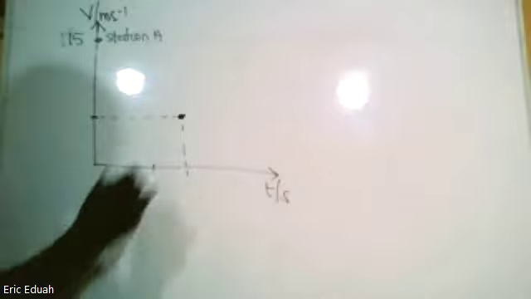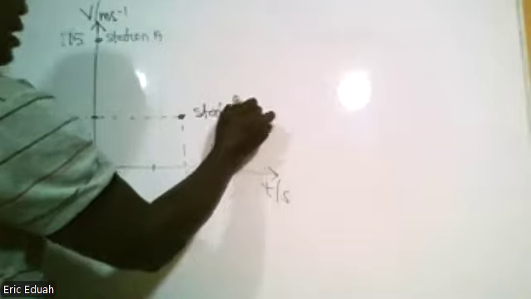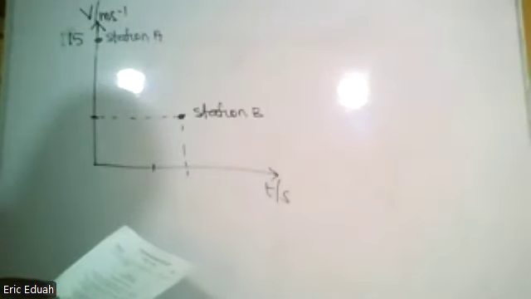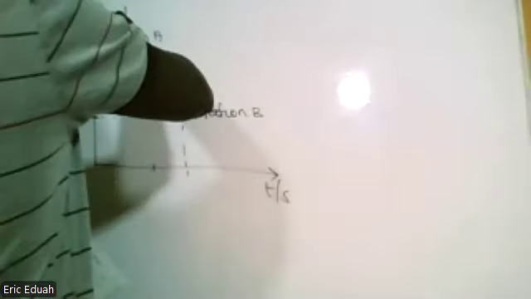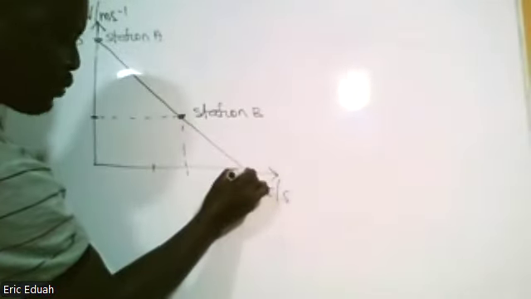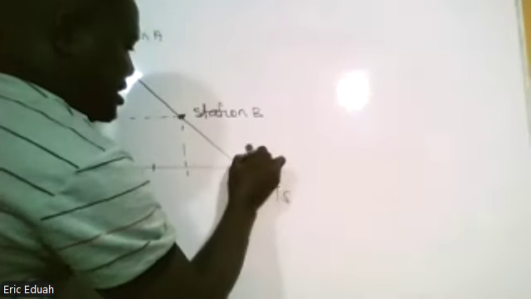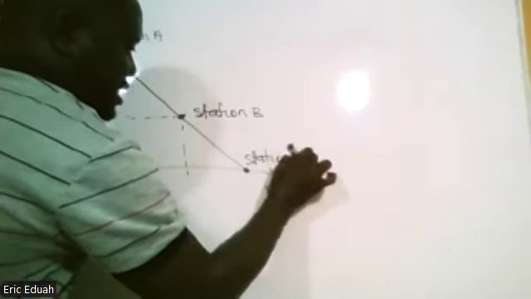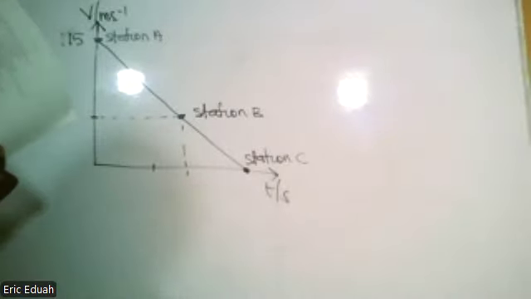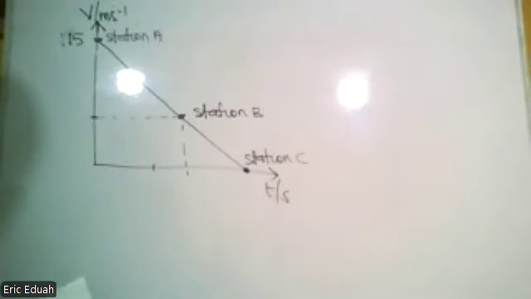So this point is station B, and then it comes to rest at station C. So let's join the two points. This must be a point where velocity will be 0, on the time axis, station C. So this will be the velocity-time graph, since it's a uniformly retarded motion.